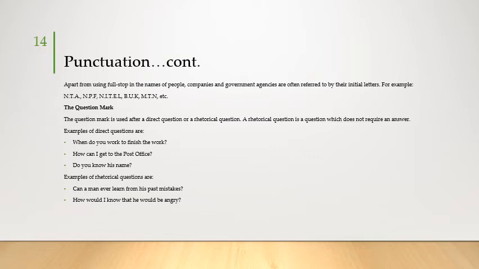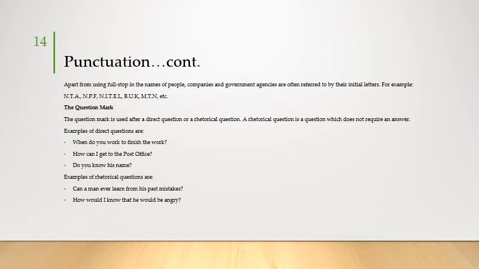For example, NTA, NPF, NITEL, BUK, MTN, etc. So in that case, dots are used in the abbreviation of the government agencies with the initial letters. Now we are done with the full stop. Let's now talk about the question mark. The question mark is used after a direct question or a rhetorical question. A rhetorical question is a question which does not require an answer.